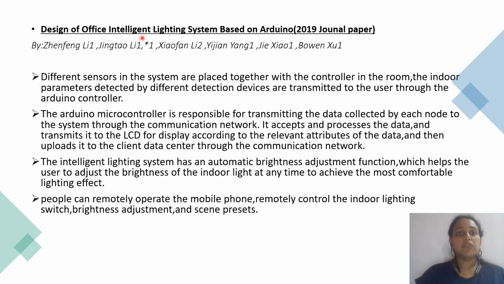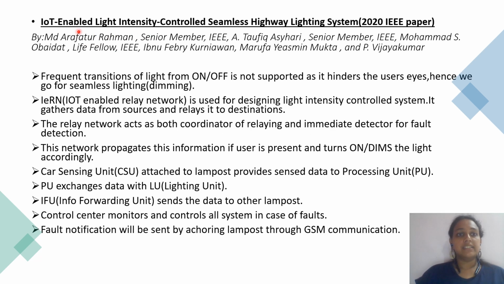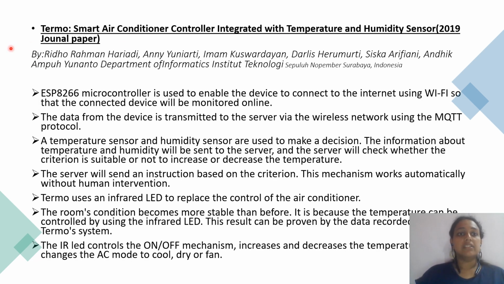Fourth is design of office intelligent light system using Arduino. Fifth is smart lighting system. Sixth is light intensity controlled seamless highway system. Seventh is the design, implementation and deployment of a smart lighting system for building environment. And the eighth one is the smart air conditioner controller integrated with temperature and humidity sensors.